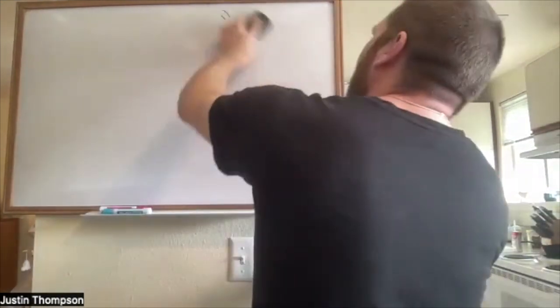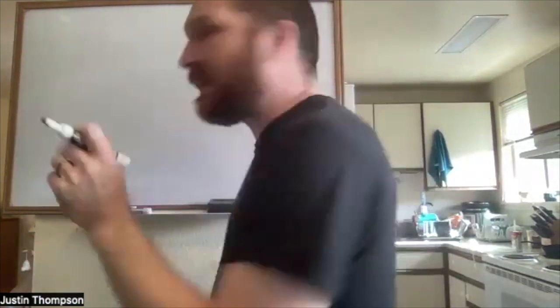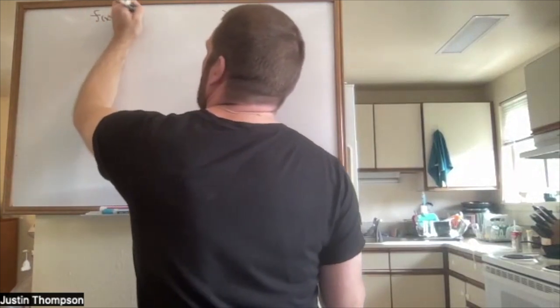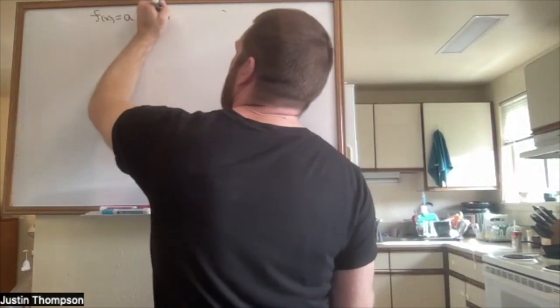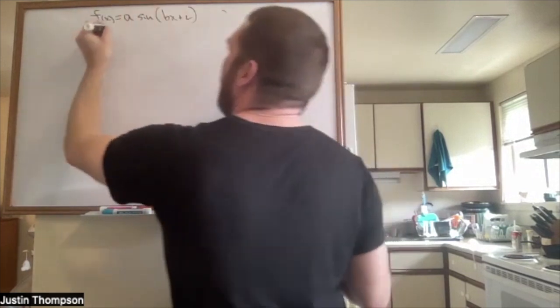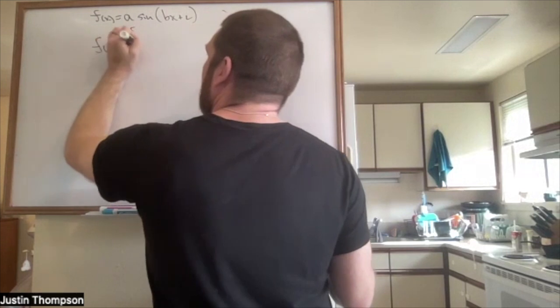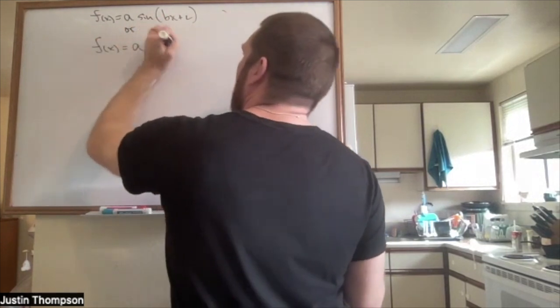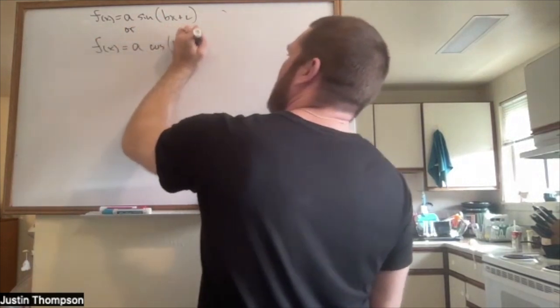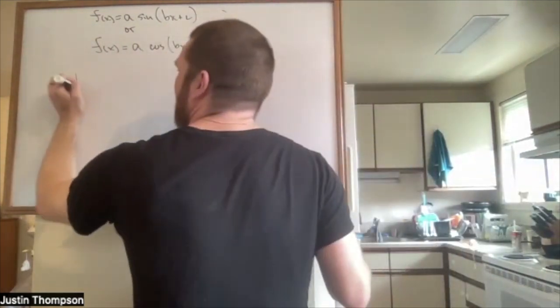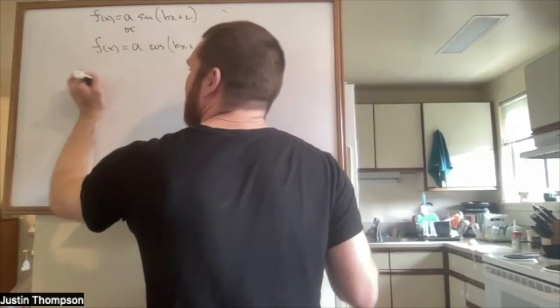Oh man, I erased that. So one more thing. Last time I said for any function f of x equals a sine bx plus c, or a function equals a cosine bx plus c, then we defined a as the amplitude, and it's actually the absolute value of a that is the amplitude.